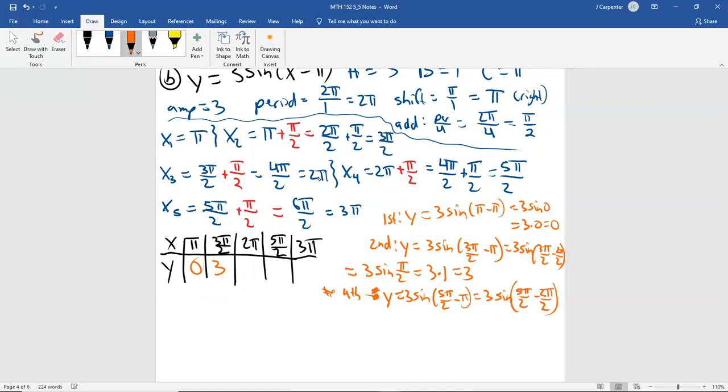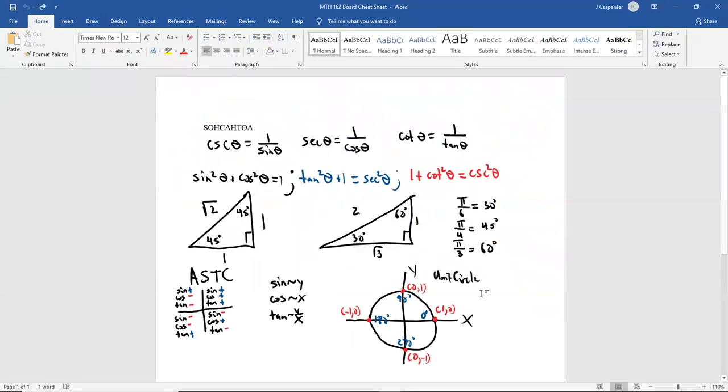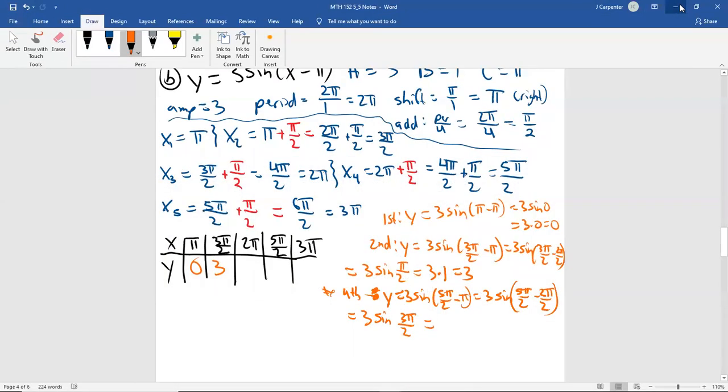You'll be getting a lot of LCDs. I can't emphasize that enough. 5 minus 2 is 3. So that is 3 times the sine of 3 pi over 2. That's the 270 degrees. 270 degrees on a unit circle is down here. The y-coordinate's negative 1. So this is 3 times negative 1, which is surely negative 3.